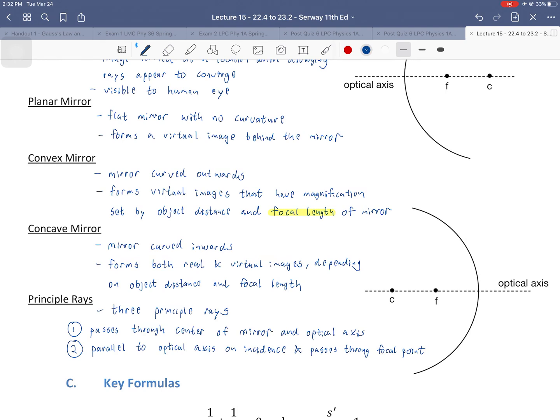Okay, looks good. And the third and final of the principal rays, and more on the focal point in just a minute, is a principal ray that passes through the focal point on incidence. And so here I'll clarify, instead of saying passes through, I'll say reflected through the focal point.